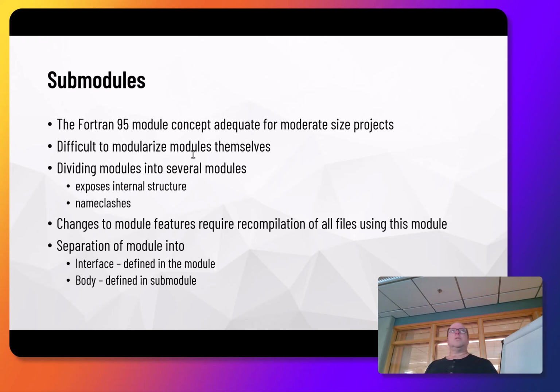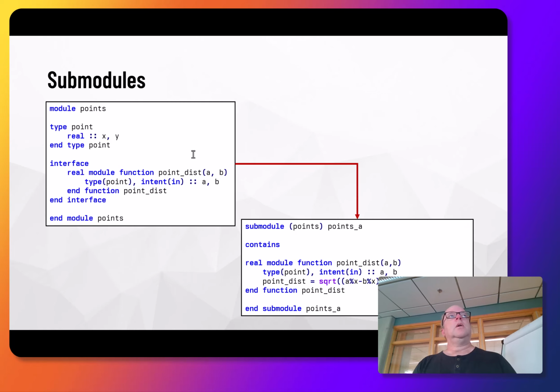Submodules is also something that is kind of new. If your modules get large, you can divide them up into separate modules with just a single name, but the implementation is divided up into multiple modules. So you can have submodules that belong to this point here. It's just a way of dividing up into more source code files.